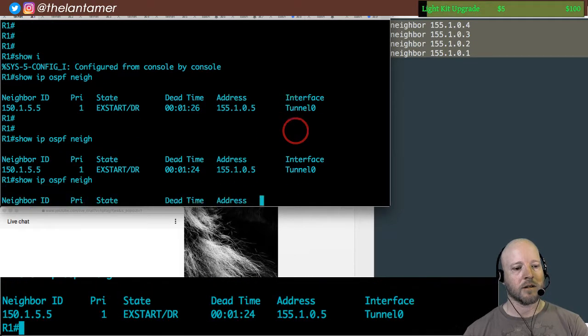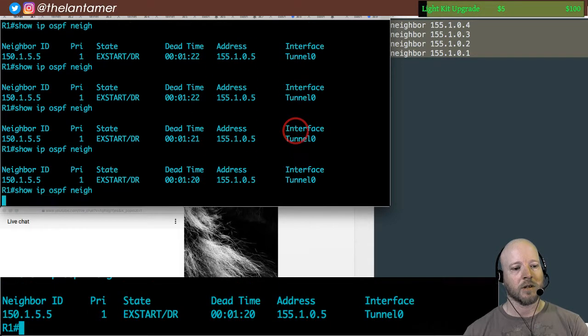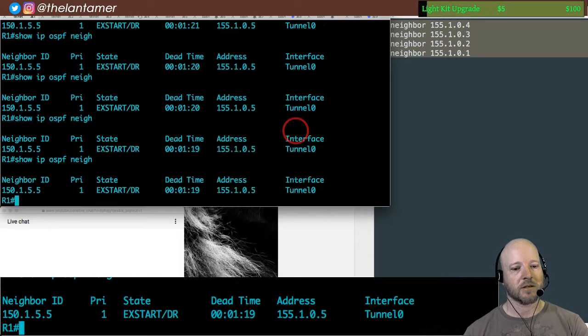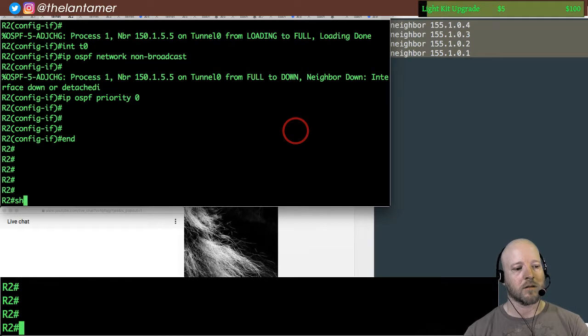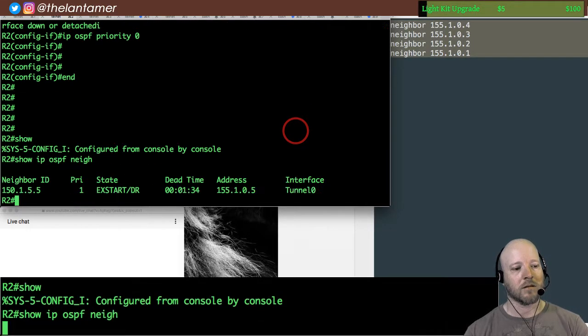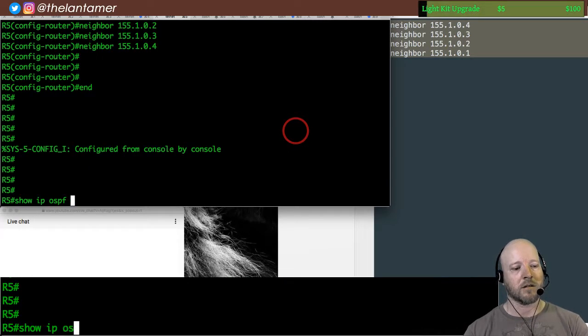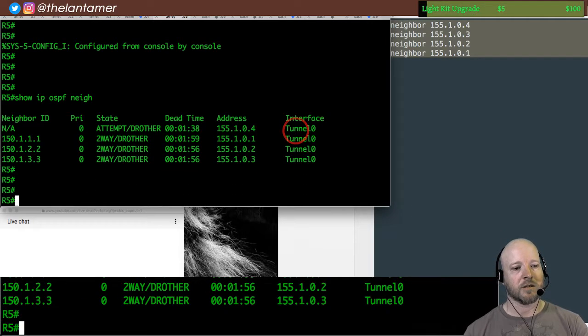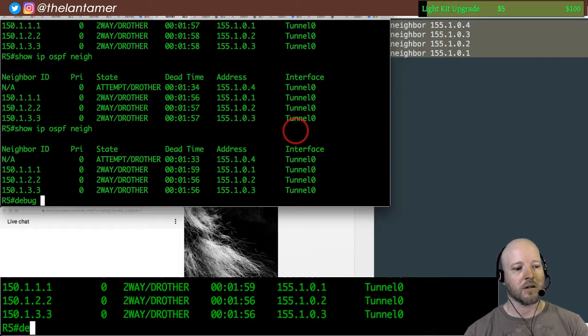Okay. So again, it looks like it's stuck. Attempt, DR other. Interesting. Debug IP OSPF adjacency.